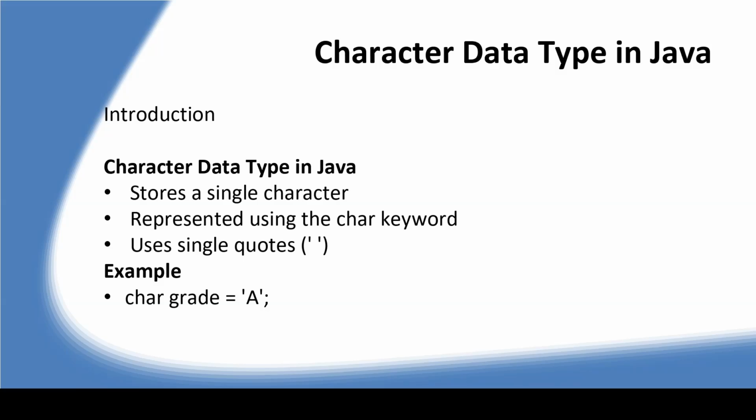For example, char grade equals to single quotes A single quotes. Unlike strings, which can store multiple characters, a char variable can store only one character at a time.